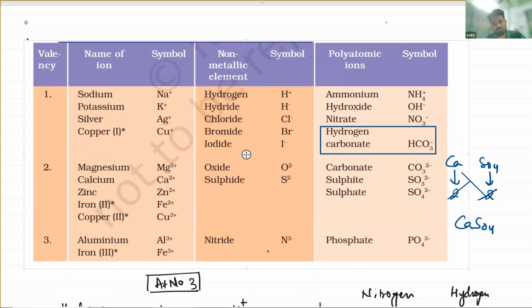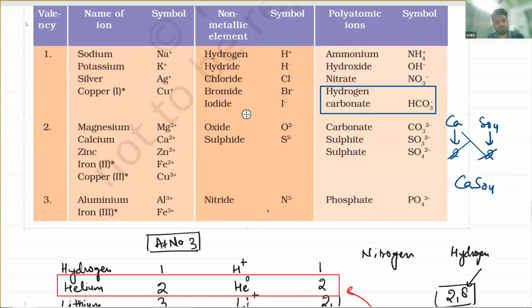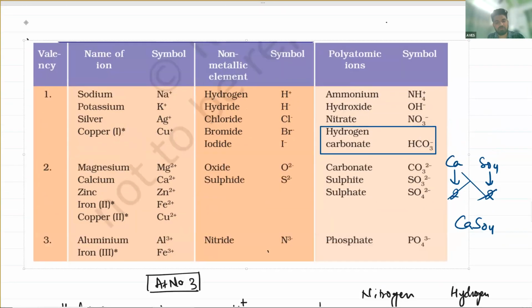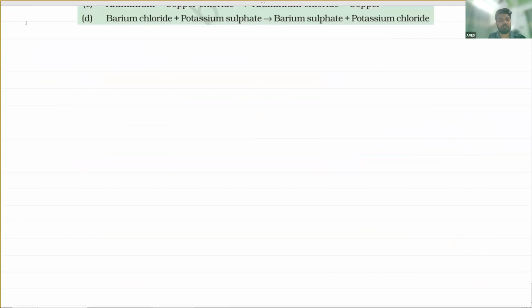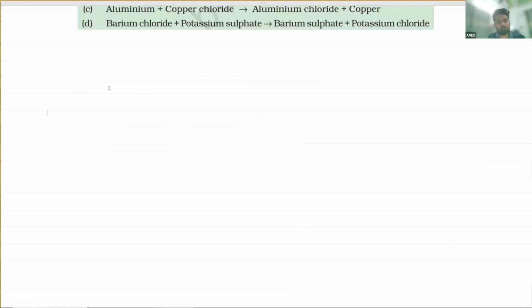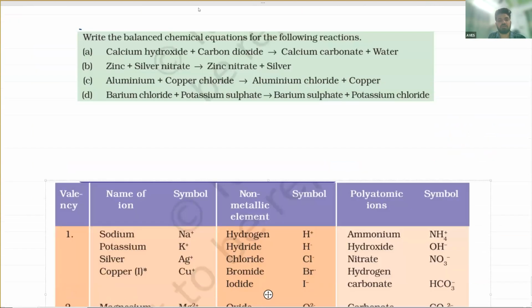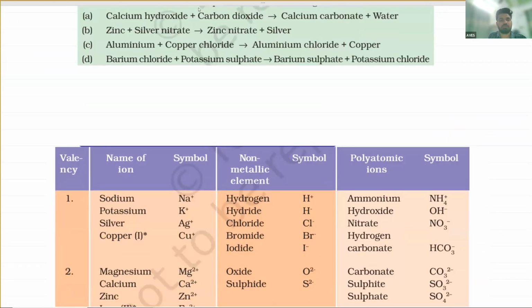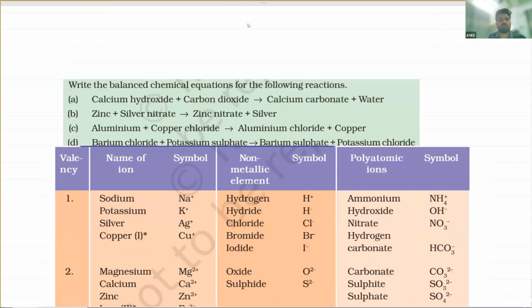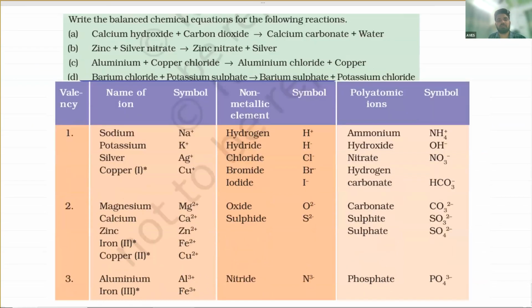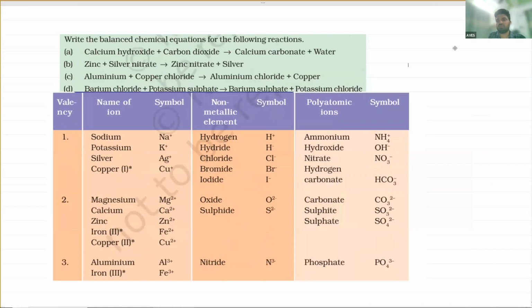So here is this chart. Not only calcium hydroxide, but everyone, please note it down from the screen.